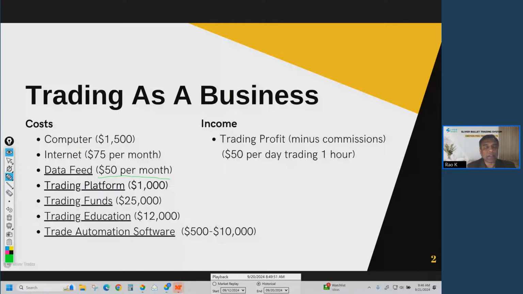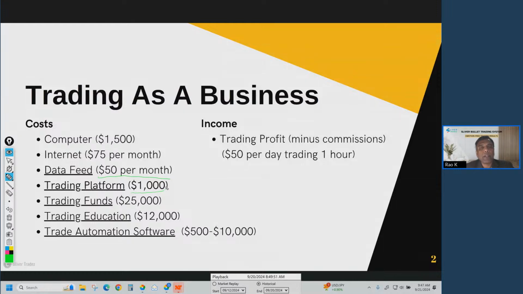Then trading platform. This is important because at a typical brokerage, a brokerage will allow you to buy and sell stocks. But for this kind of trading, which is basically a scalping or day trading, you need a platform which is a high-speed trading platform. And that kind of trading platform will cost you either a monthly subscription or a one-time fee.